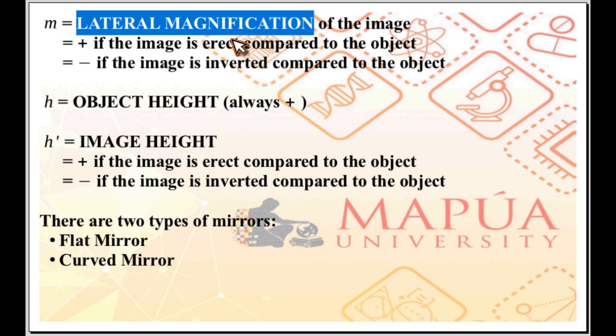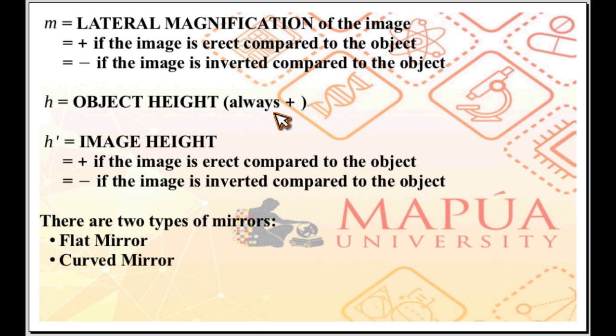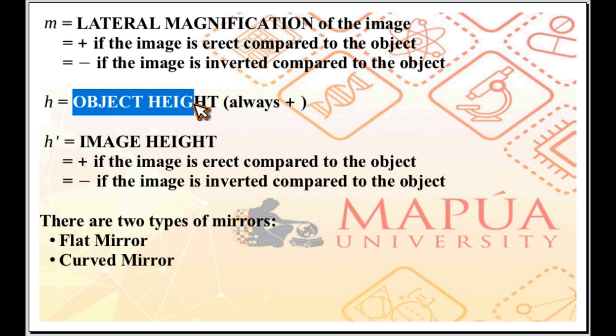M, lateral magnification of the image. And H is the object height, and H is always positive. It's our reference when it comes to the orientation of the image. We are comparing image height with the height of the object.